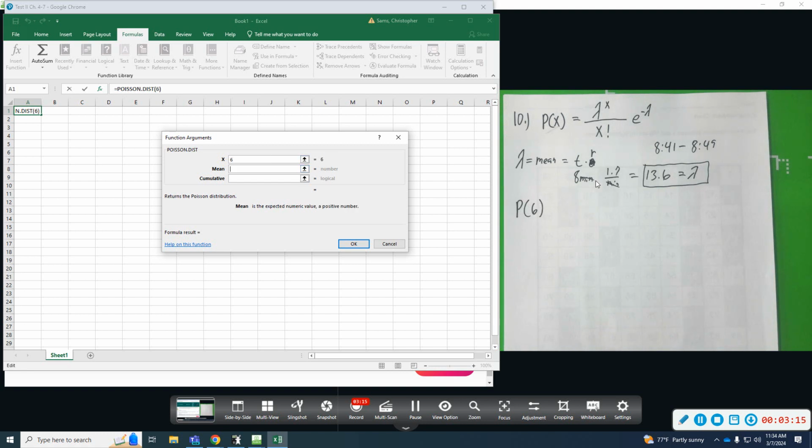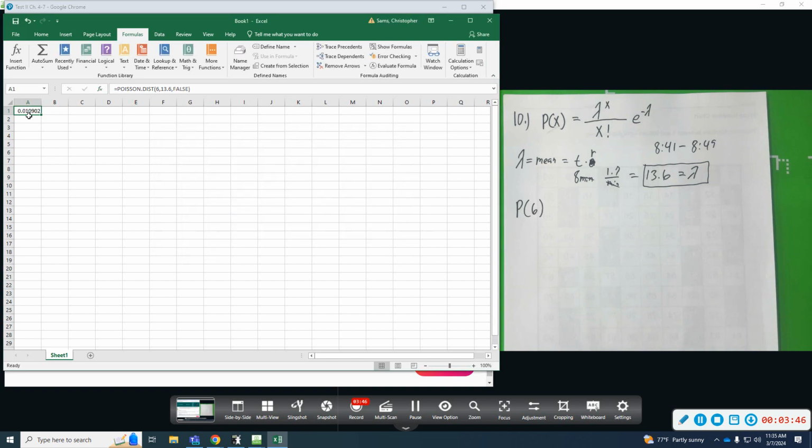The mean, which we found, that's the lambda, so 13.6. And then the cumulative, it tells you right here a logical value. If we want the cumulative distribution, CDF, we put true. For the mass, we put false. So mass is the PDF, and that's what we want. We want exact. So we're going to put false here.